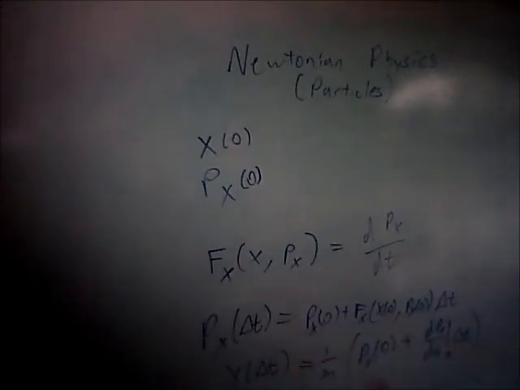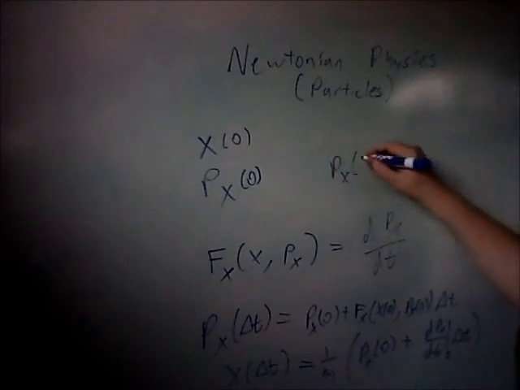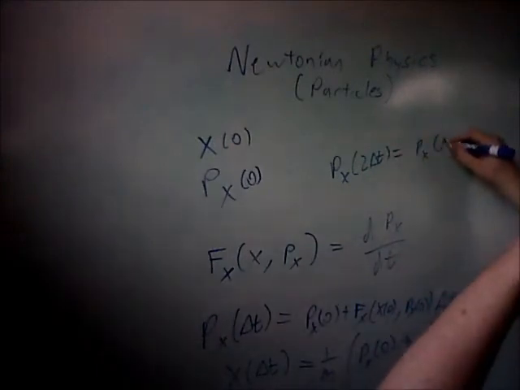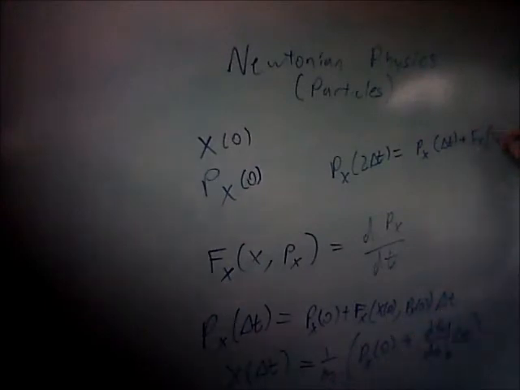Then, what you'll notice is p sub x of 2 delta t is equal to p sub x at delta t plus f sub x of x at delta t, p sub x at delta t, times delta t.